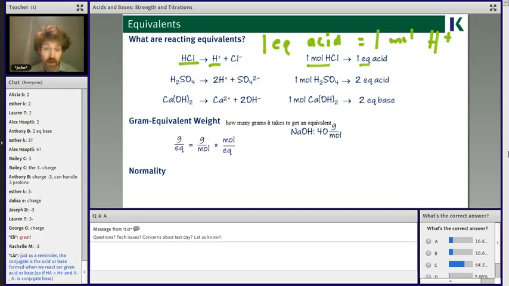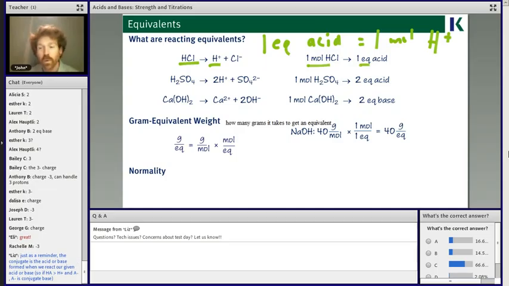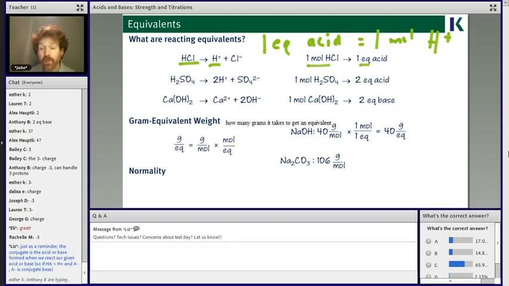So that means the gram equivalent weight of sodium hydroxide is 40 grams. Because for every mole you get 1 equivalent, you would just call the gram equivalent weight 40, because it takes 40 grams to get an equivalent, or 1 mole of hydroxides. So now, if you've got something that's diprotic, like calcium carbonate, would you expect the gram equivalent weight to go upwards or downwards?